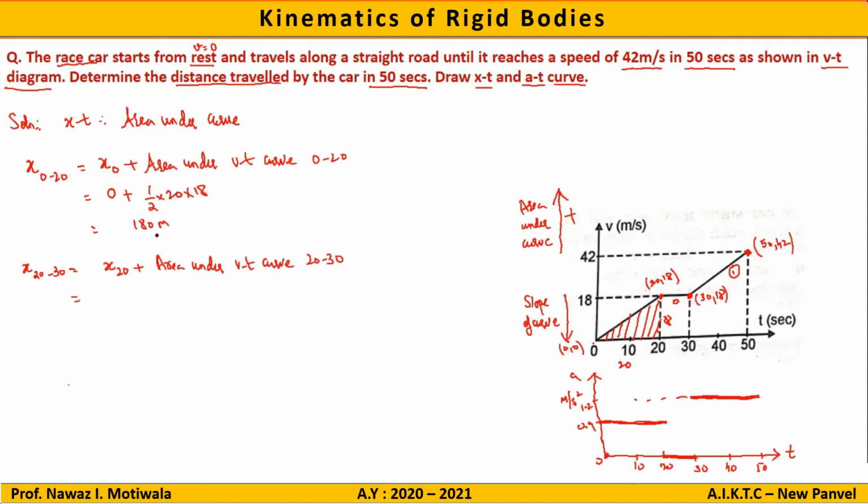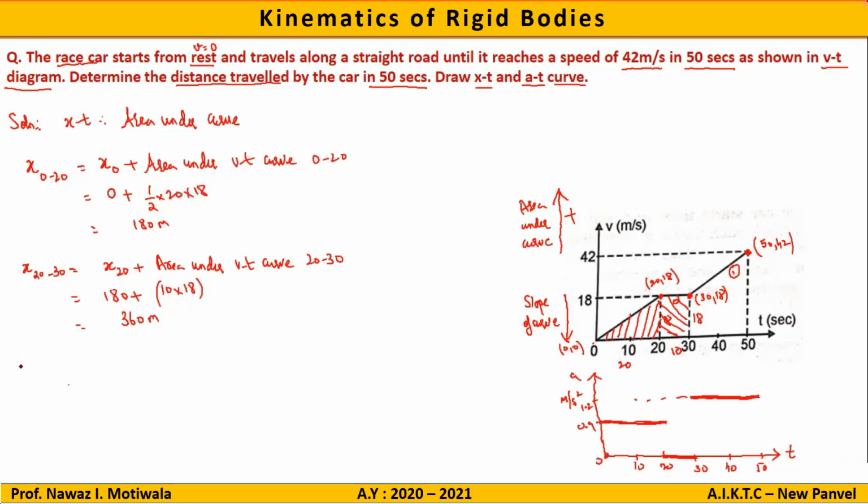X till 20 we already got 180, plus the area under the VT curve for this. The area under the VT curve is a rectangle of base 10 and height 18. So the area of the rectangle will be 10 multiplied by 18. On solving, I will get 180 plus 180, which is 360 meters.